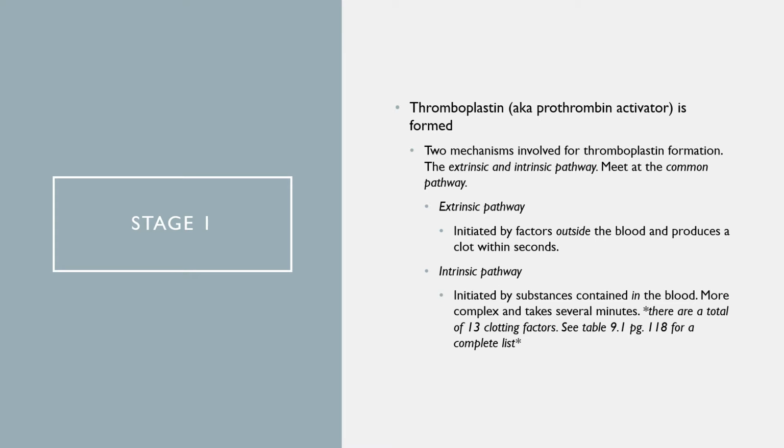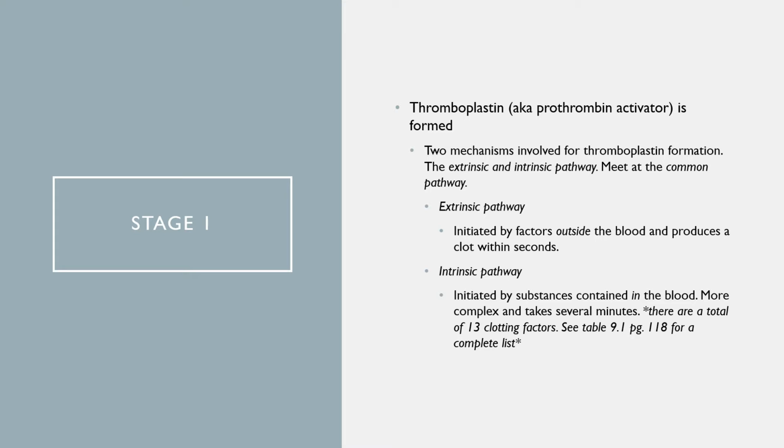So in stage 1, thromboplastin, also known as prothrombin activator, is formed. There are 2 mechanisms that are involved for thromboplastin formation, the extrinsic and intrinsic pathway, and those meet at the common pathway. Okay, the extrinsic pathway is initiated by factors outside of the blood, and it produces a clot within seconds.